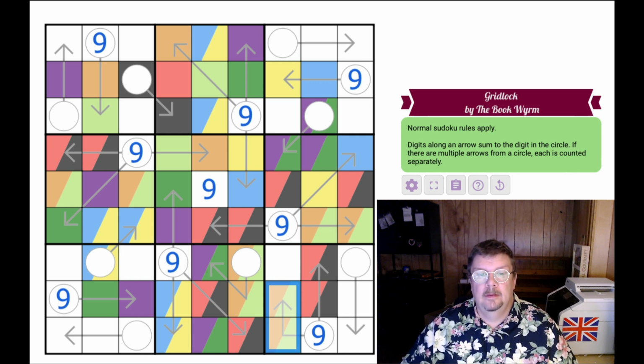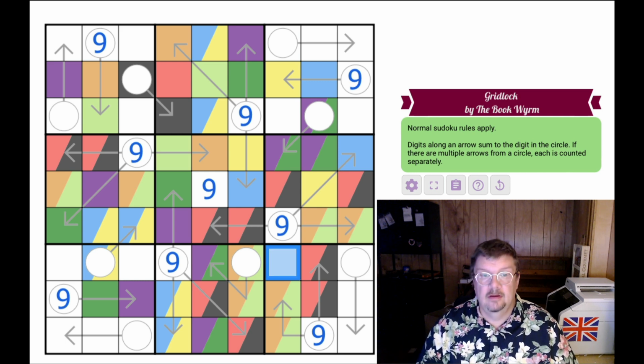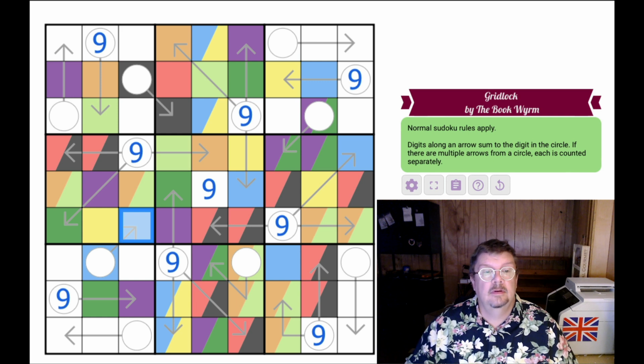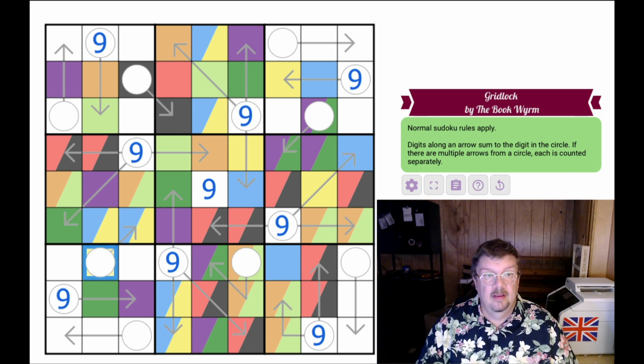Blue by Sudoku must go here. It's the only place left for it. That makes that blue, which makes that yellow, which makes that blue. Nope. I said the right things. That's blue. That makes that yellow, which makes that blue, which makes that yellow.